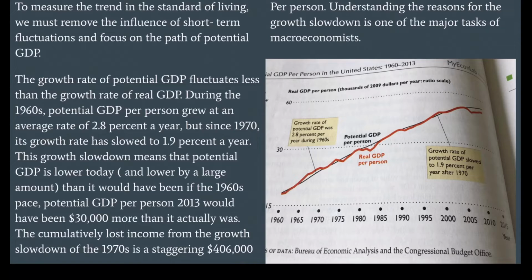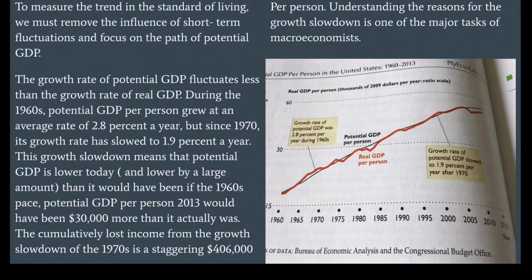During the 1960s, potential GDP per person grew at an average rate of 2.8% a year. But since 1970, its growth rate has slowed to 1.9% a year. This growth slowdown means that potential GDP is lower today, and lower by a large amount, than it would have been at the 1960s pace.